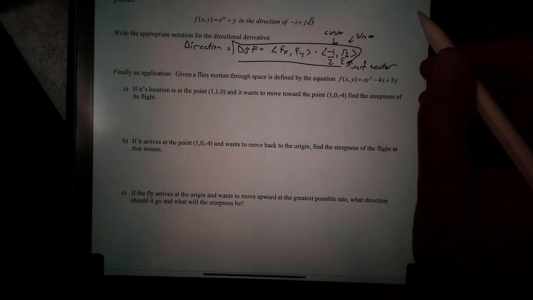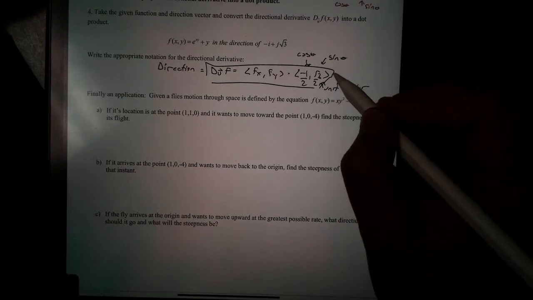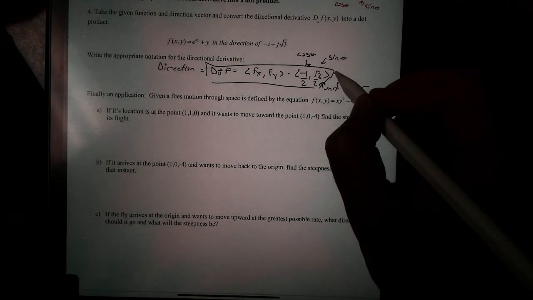I never really finished this one up here, so we probably should take a moment and go ahead and do that.